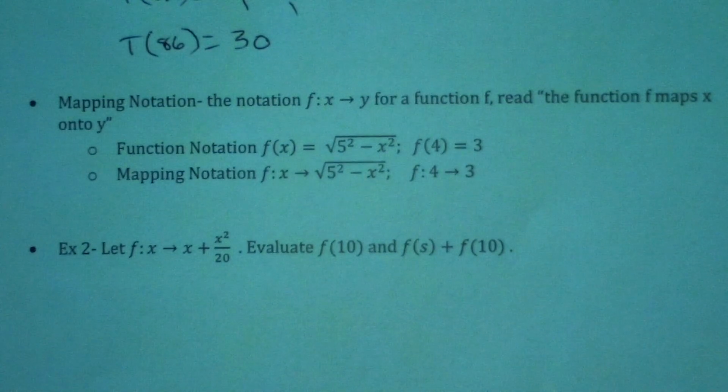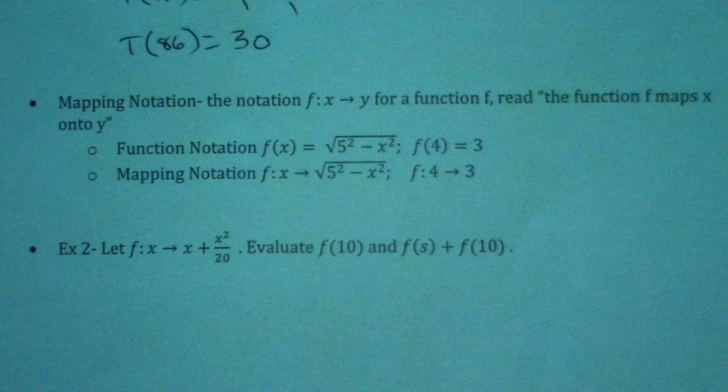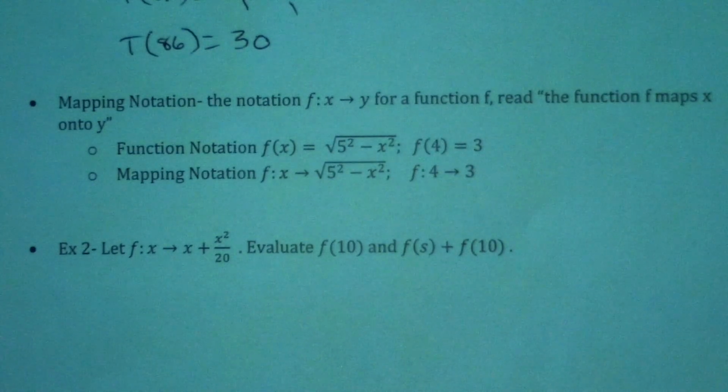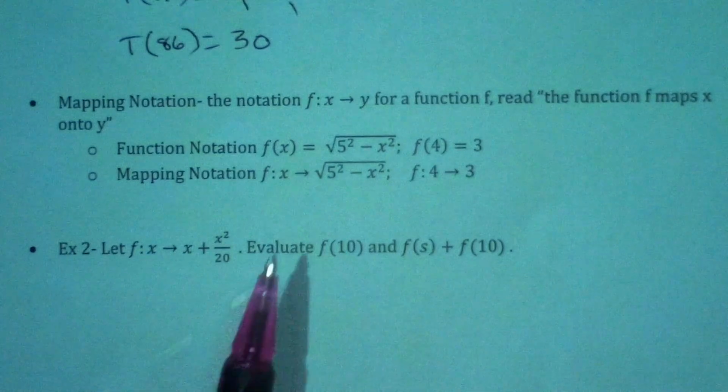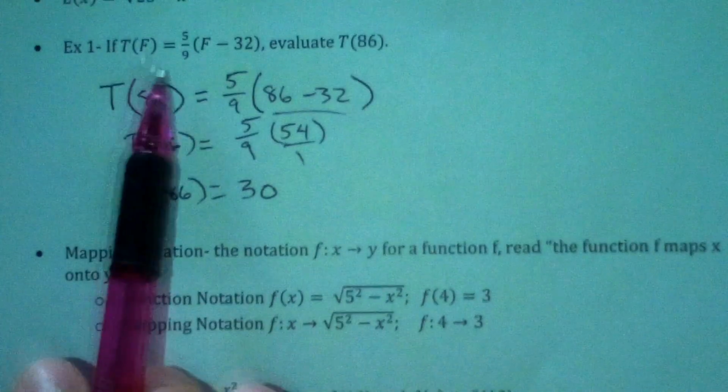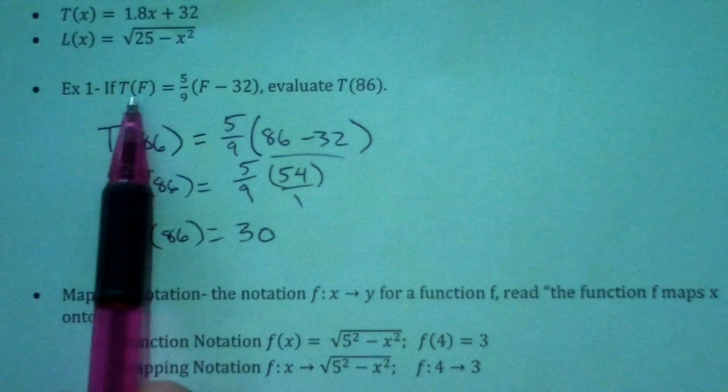So if they say, convert something from function notation to mapping notation, you're keeping everything the same, except you're swapping out the parentheses for the colon and the equal sign for the arrow. The solving is exactly the same too. And how you would read that out loud: the function f maps x onto y.